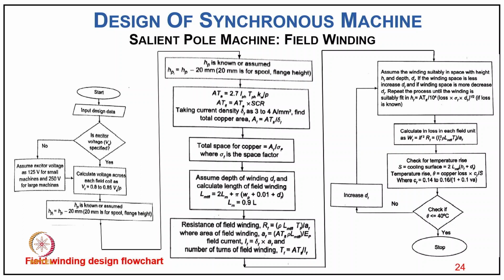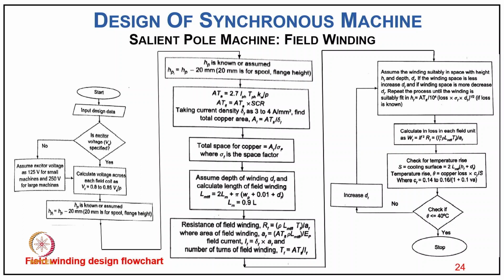Find the total copper area AF equal to AT upon sigma F, and take the space for copper as AF upon the space factor. Assume the depth of the winding DF and calculate the length of the field winding LMT equal to 2L plus pi in bracket WP plus 0.01 plus TP.